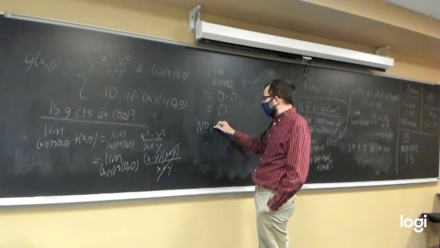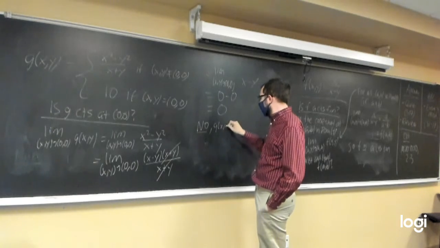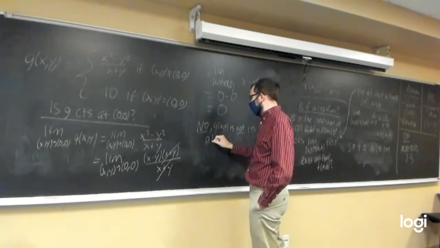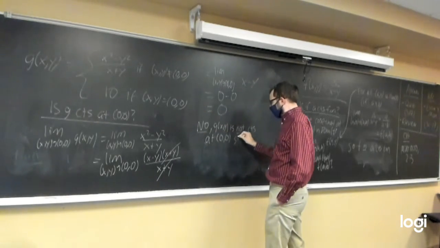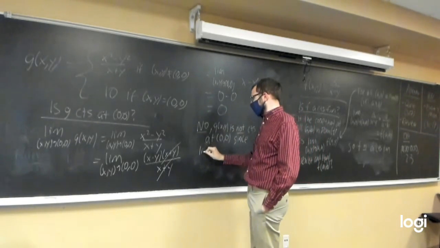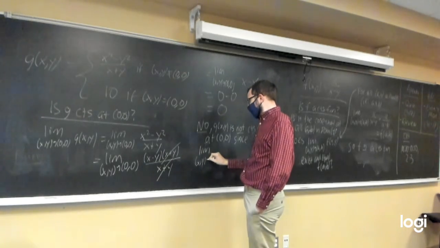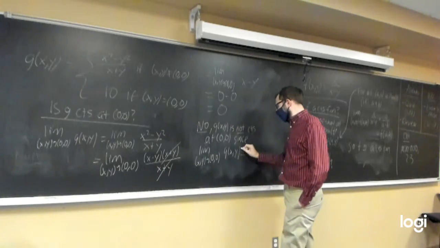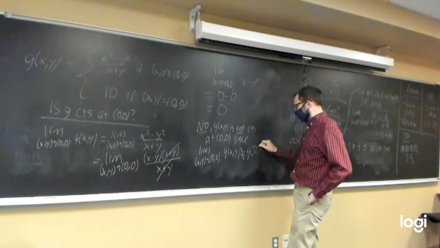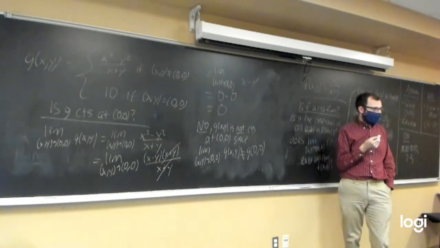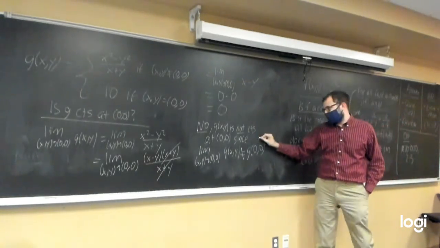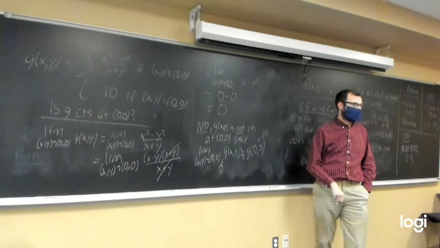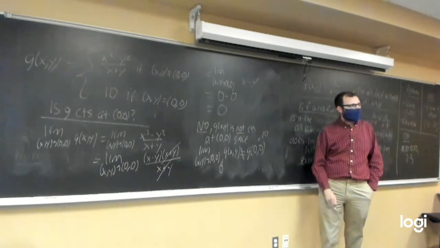So no, g of xy is not continuous at the origin, since the limit as xy approached 0, 0 of g of xy was not equal to what you get when you just plug in 0, 0 into the function. Because this expression came out to 10, and this limit came out to 0.